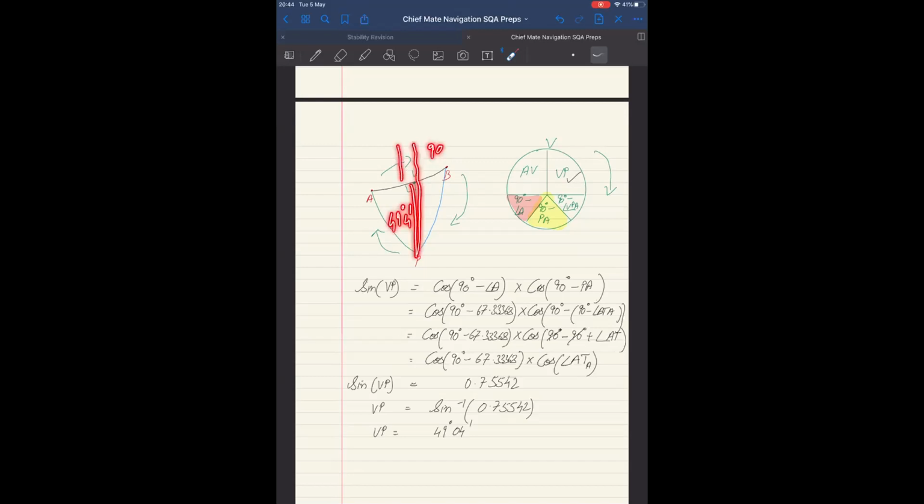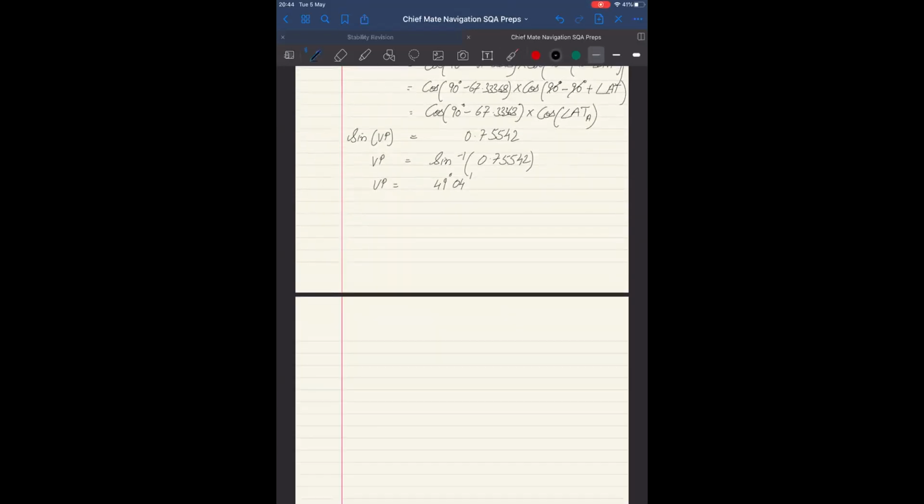So we can find out the distance from equator to V, which will be nothing but the latitude of V. So we'll write lat of V is equal to 90 degrees minus 49 degrees 04 minutes, which is 40 degrees 56 minutes.